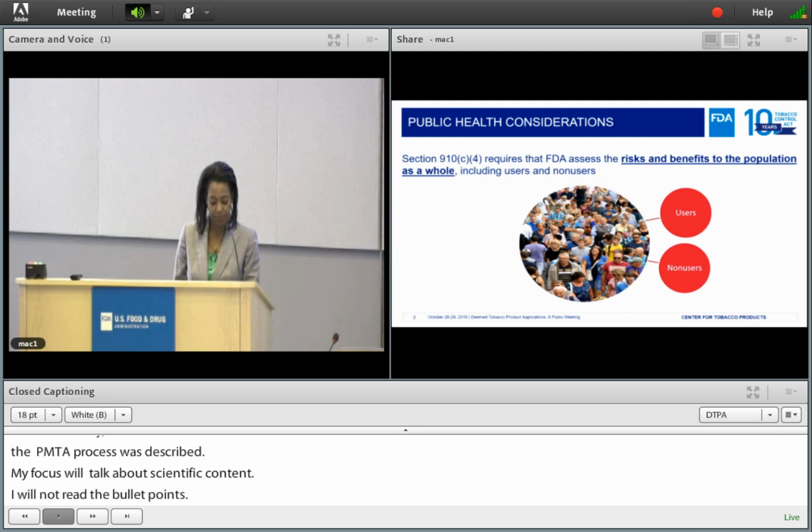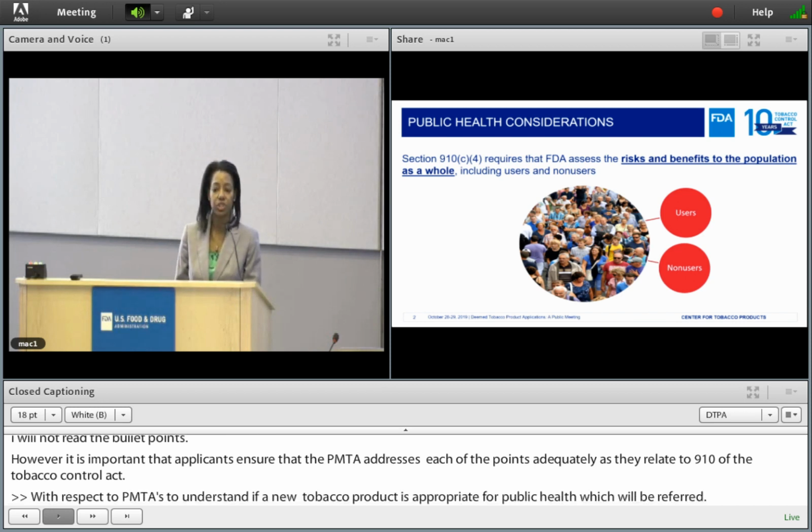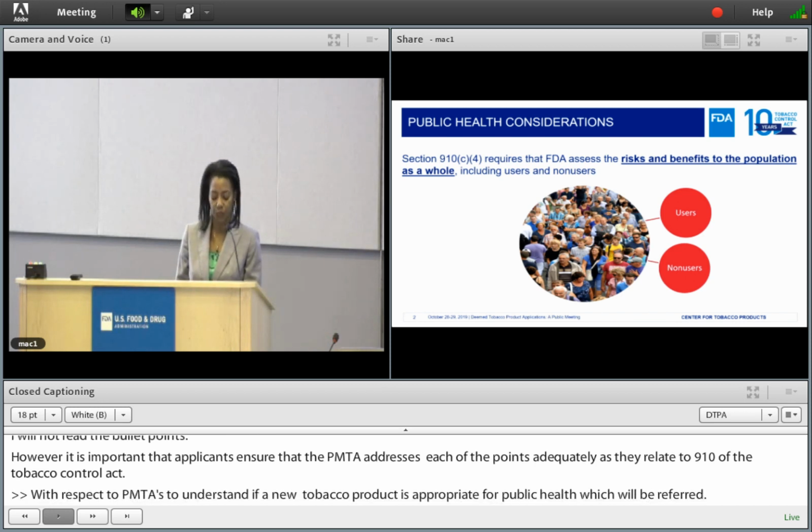With respect to PMTAs, to understand if a new tobacco product is appropriate for the protection of public health, which will now be referred to as APPH, FDA must evaluate a product's impact on the population as a whole, meaning current tobacco product users as well as non-users. Current tobacco product users are a broad category.